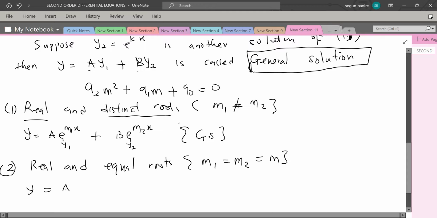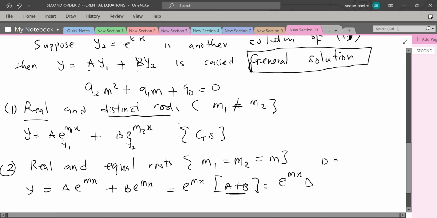You will get a exponential mx plus b exponential mx. Exponential mx is common, so that will be a plus b, and this is a constant. If you add the constants together, you get another constant, d equals a plus b.